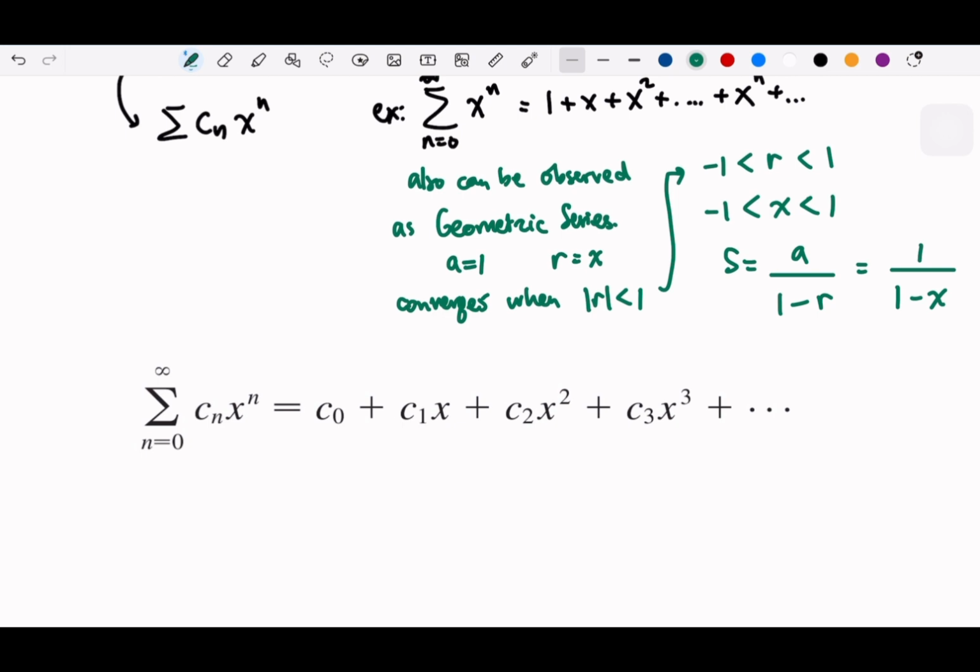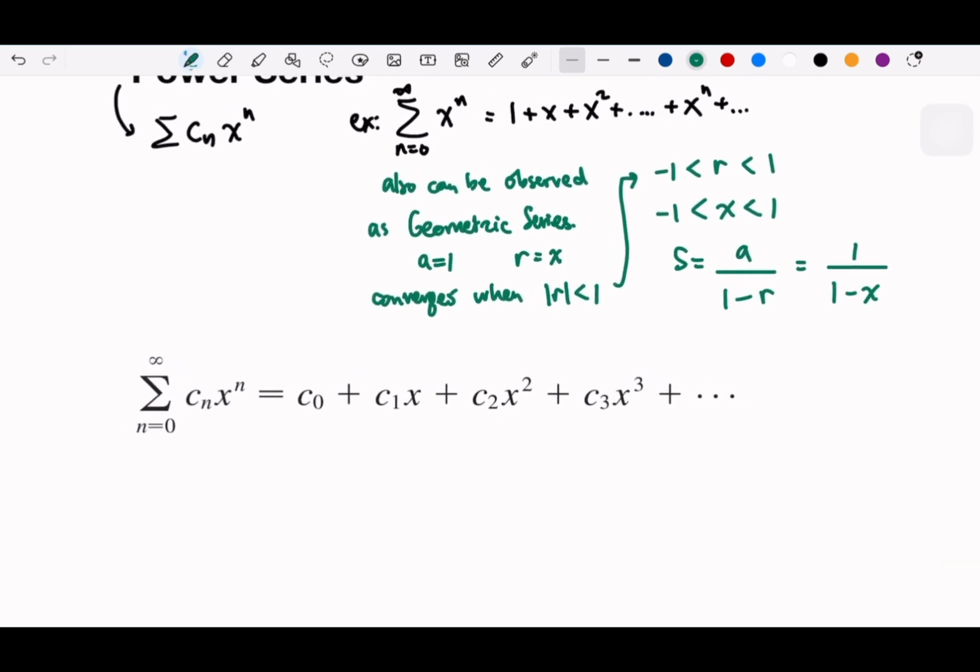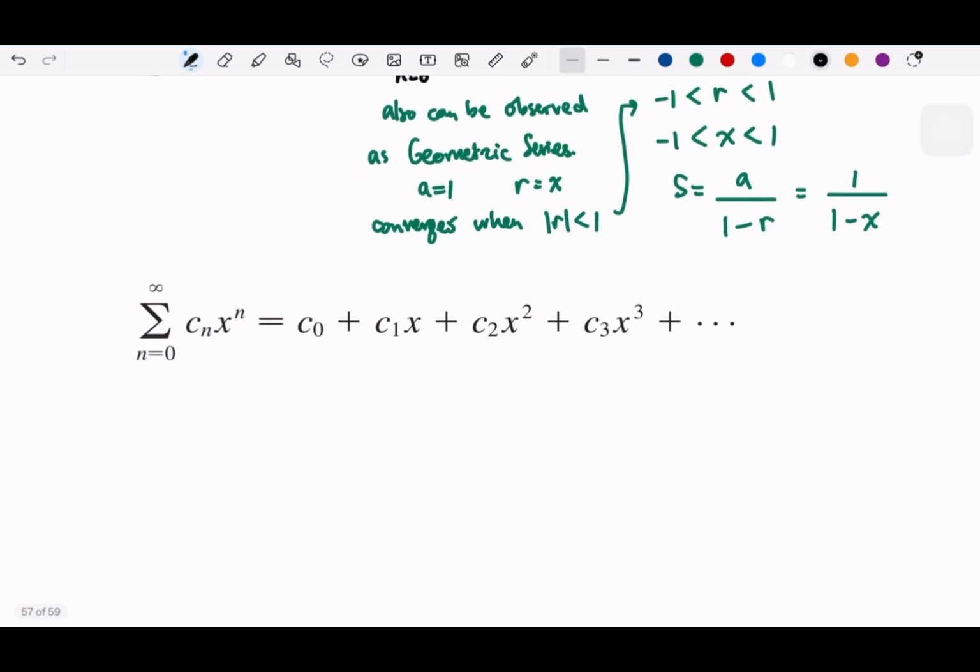And then we could write, for example, the same geometric series. If we put x equal to half, then we can substitute x.